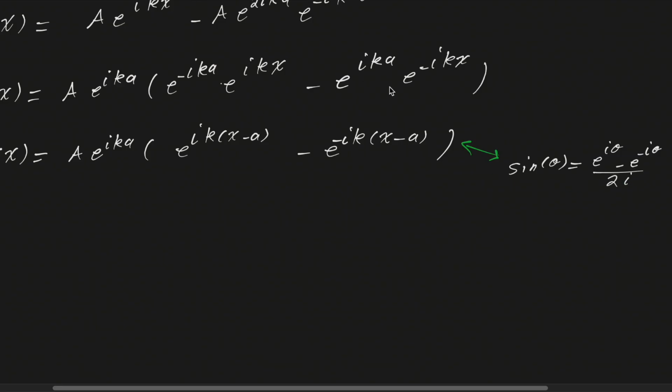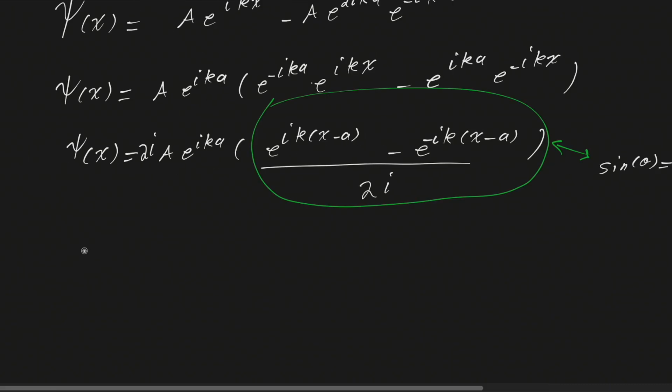It's just a constant, so we multiply and divide by 2i. And this whole expression just becomes a sine. So our psi of x will become A 2i exponential ika times sine of k, where this time we substitute the value of k, n pi over L, times x minus a.